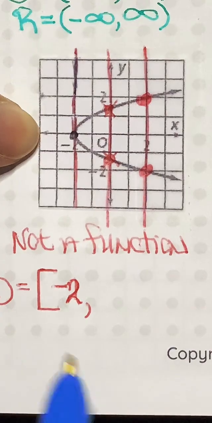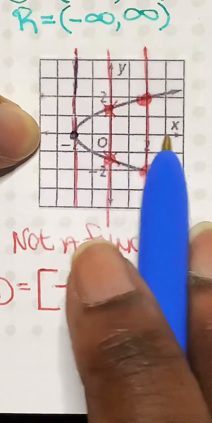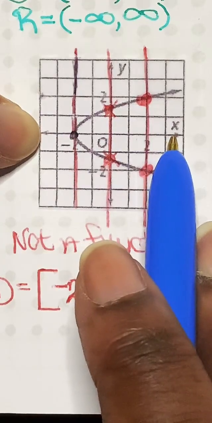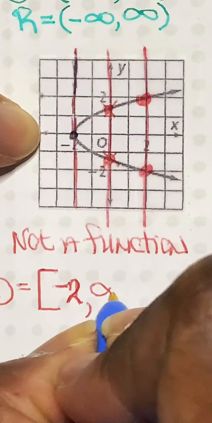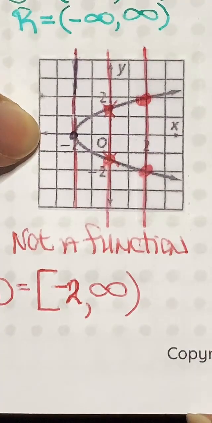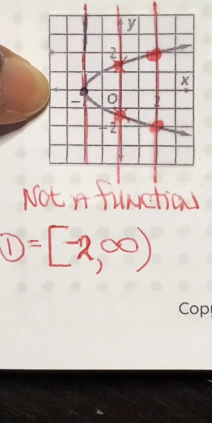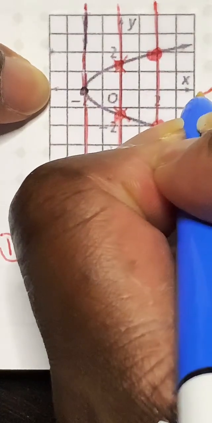So we go from -2, including that -2, and it's going all the way to which infinity? Okay, make sure it's going all the way to positive infinity. Going to the right goes with positive infinity.